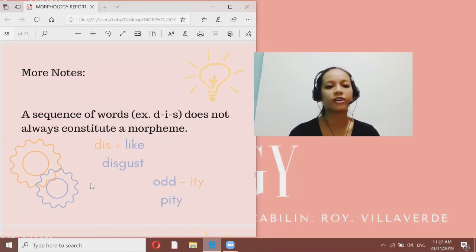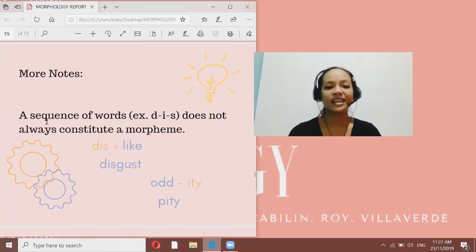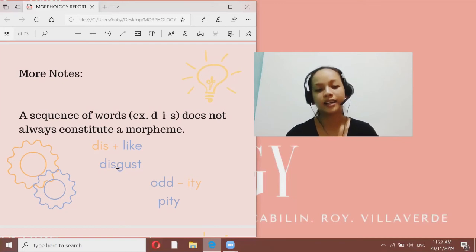So here's another note. A sequence of words does not always constitute a morpheme. Like what we mentioned a while ago, this is a prefix that we added to the word like. So we ended with a complex word, dislike. But it's different from disgust, which is just a simple word. We can't separate dis and gust in this example.